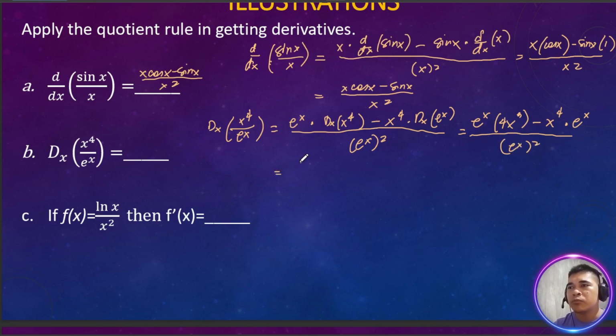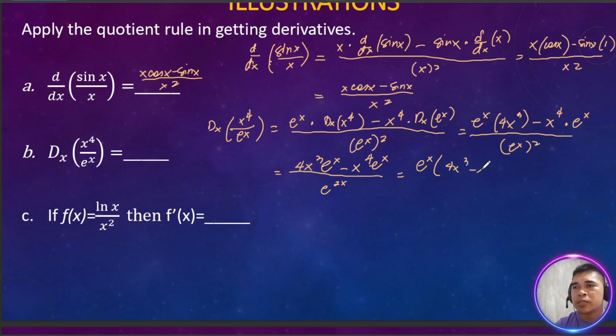So we got 4x cubed times e to the power of x minus x to the fourth power times e to the power of x, all over, since we have 2, e to the power of 2x. So unsay common sa ibabaw, simplify, that is e to the x.